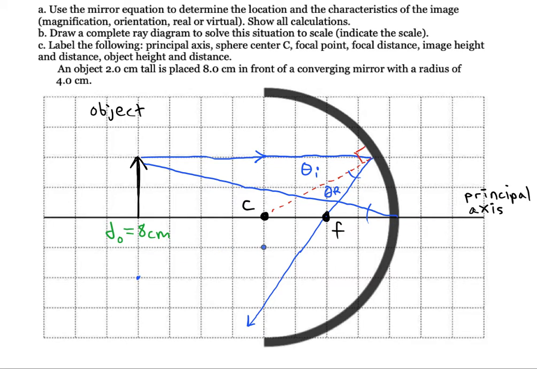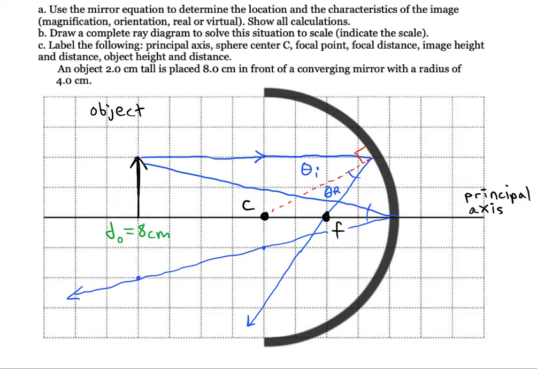So it ends up crossing through these points here. It's just going to go like this. As you can see, it comes back to the object's location at -2 centimeters, because the object was 2 centimeters high. So that's just an important ray that's usually helpful to draw.